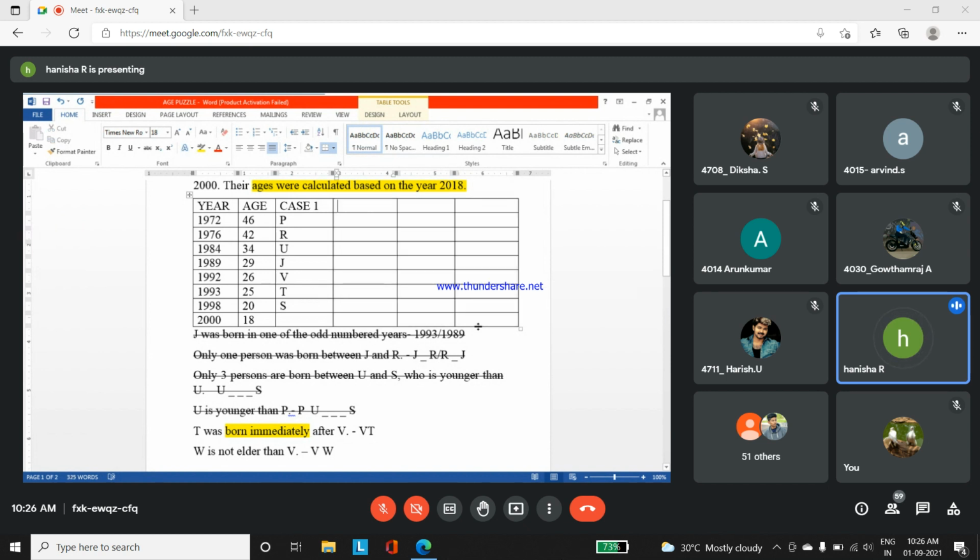One more thing which you must remember is, whenever you are solving a puzzle question, as you proceed with the clues, the possibilities might increase. For example, if you look at this case itself, J was born in one of the odd numbered years. You have two possibilities, 1993 and 1989.